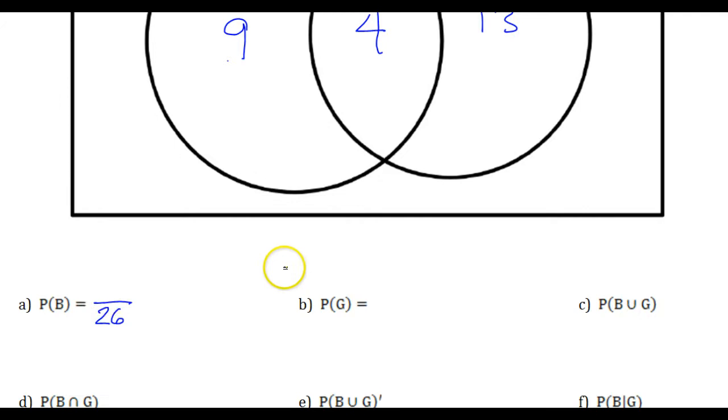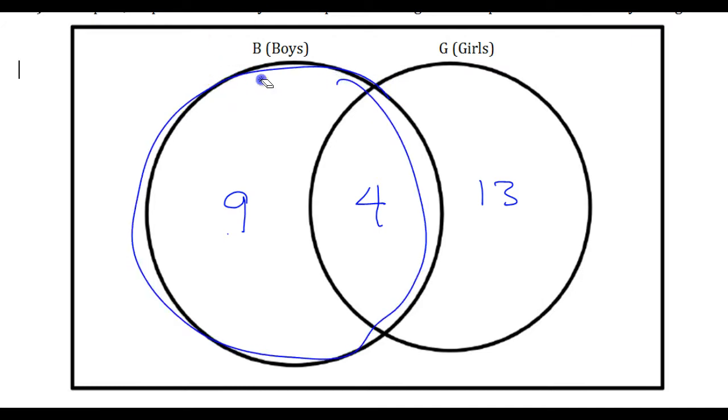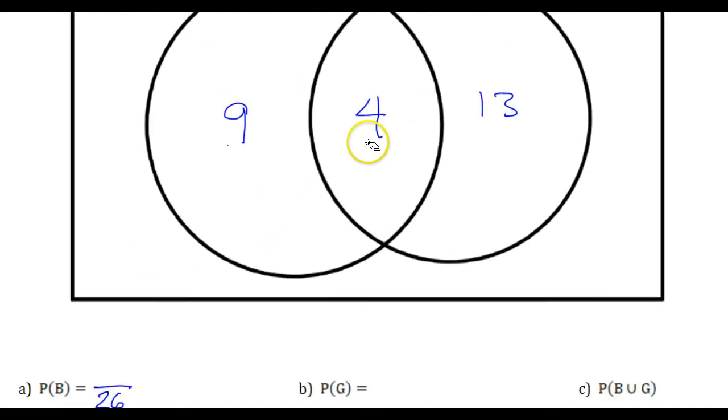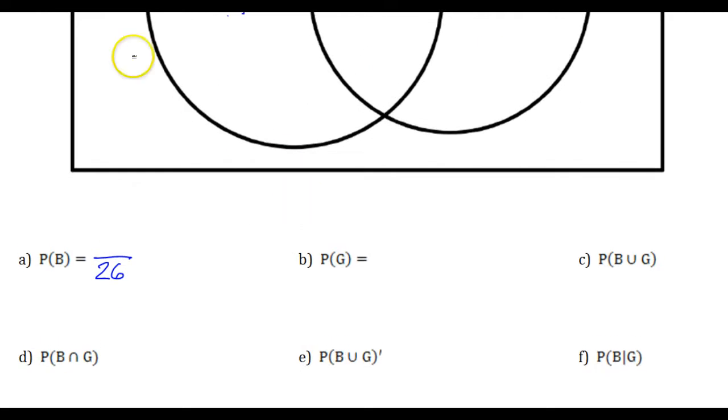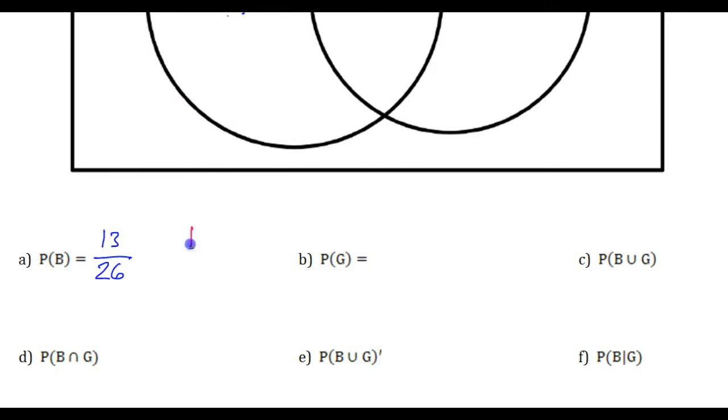But no, if we want the probability of having a boy, we need to use the 9 and the 4 because we need to use everything in the boy circle. So that's 13 out of 26, which reduces down to 1/2.